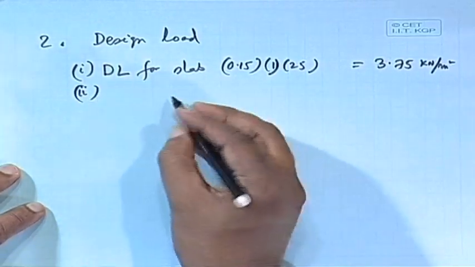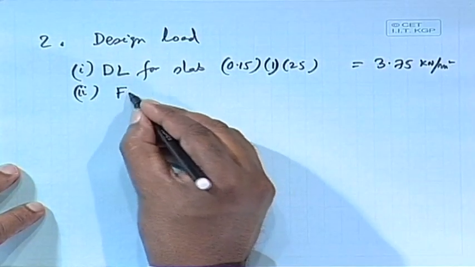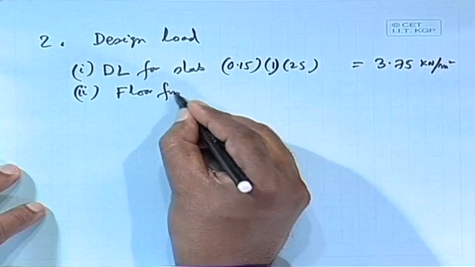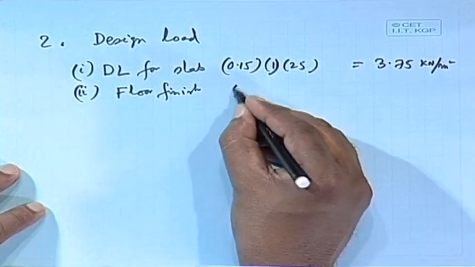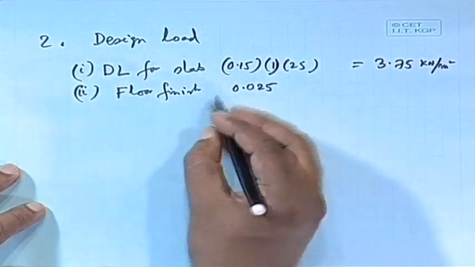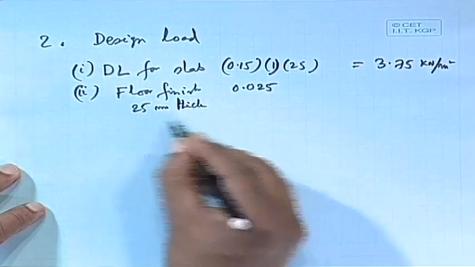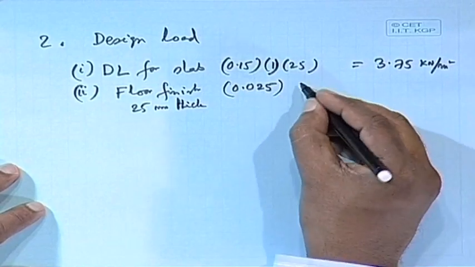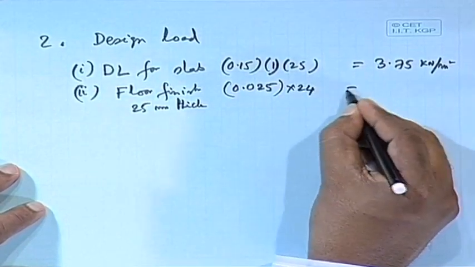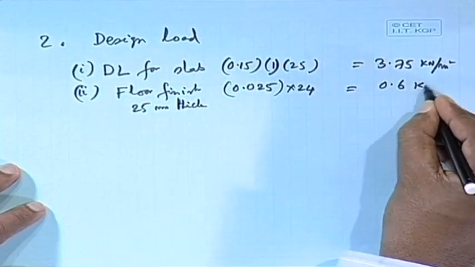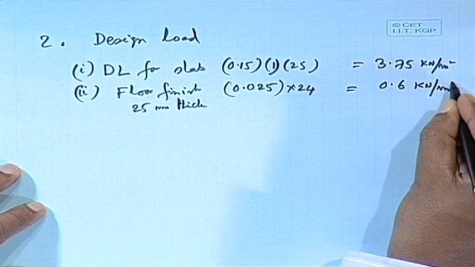Number 2, floor finish, 0.025 if we take 25 mm thick, times 24, equal to 0.6 kilonewton per square meter.